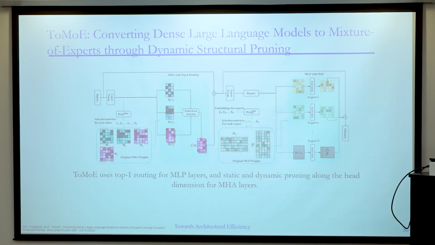And then we just repeat this process for all these n experts. Then we will have a model with a mixture of experts layer, and we can replace the original MLP layer with it.